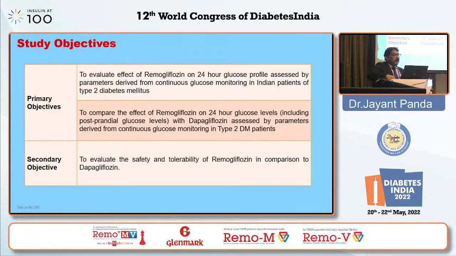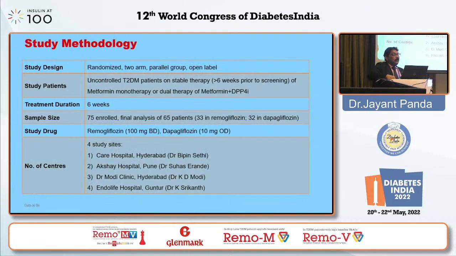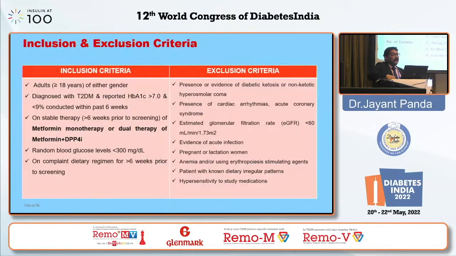The primary and secondary objectives, as I told, were assessed with two groups, and 4 centers conducted the study with around 33 patients on remogliflozin and 32 patients on dapagliflozin.